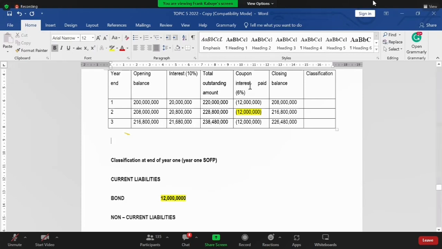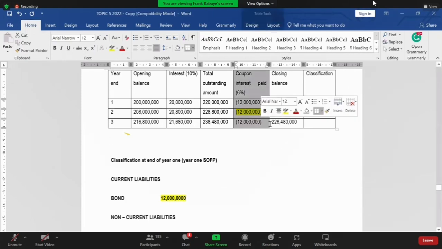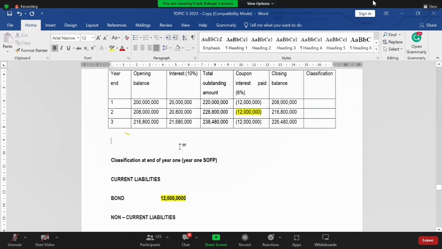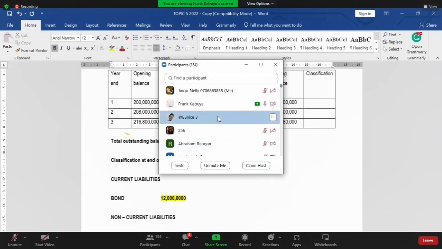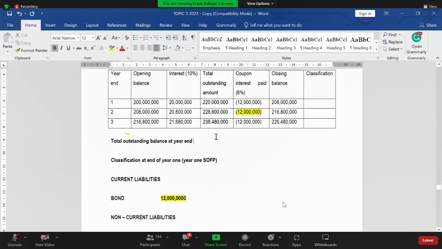These are the only payments that they keep paying. The rest is paid at year end. So at year end, what is the total outstanding balance?